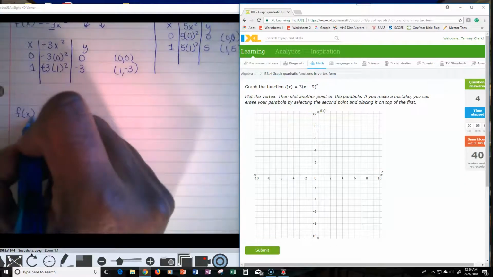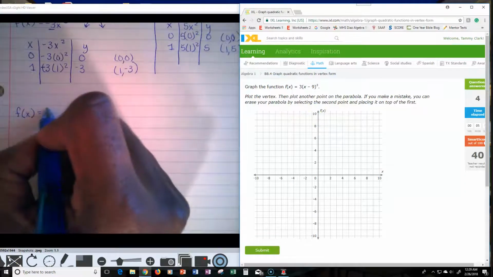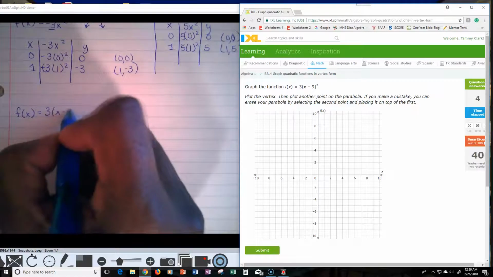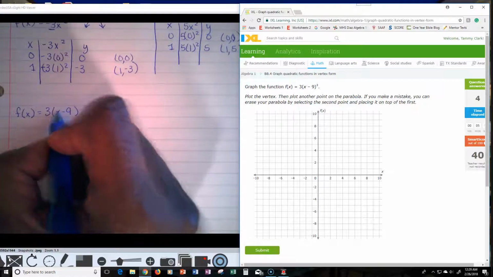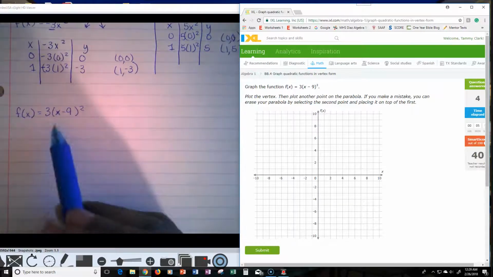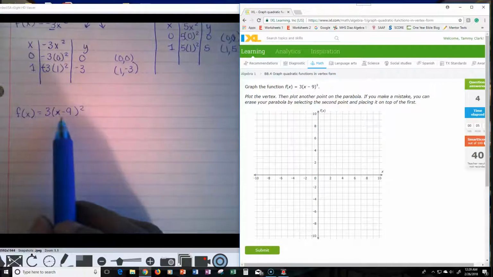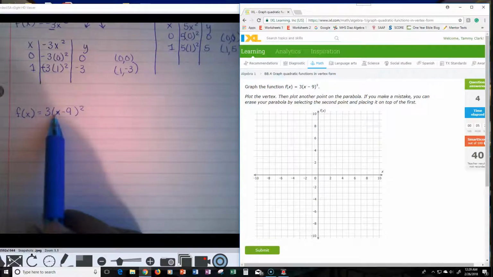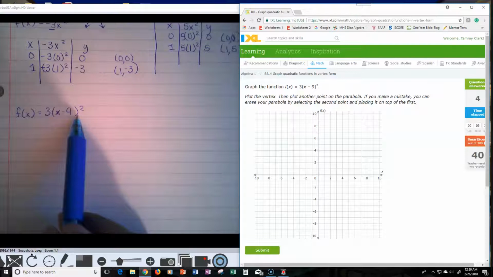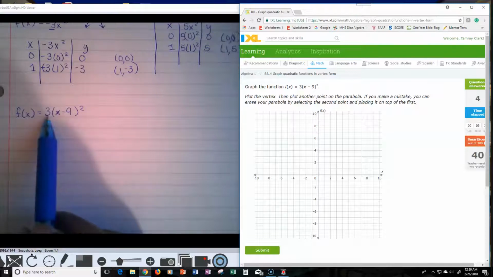Now what happens when things start moving? Nothing much different. So from our previous BB3, we know we've got a transformation going on here. We know our parabola is going to move 9 to the right, and it's going to be vertically stretched by 3.